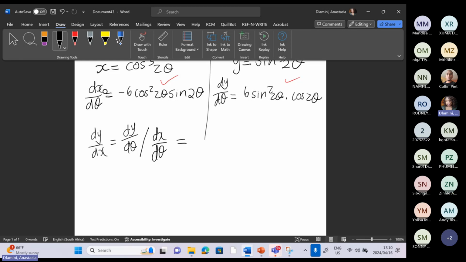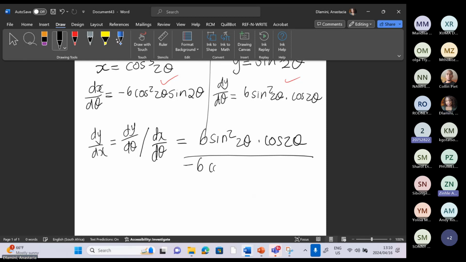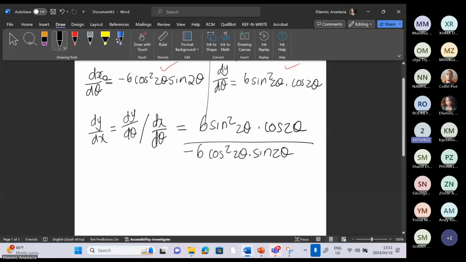So this is equal to 6 sine squared 2 theta times cos 2 theta over minus 6 cos squared 2 theta times sine 2 theta. Are we together there, guys? Yes, ma'am. I heard someone said they couldn't simplify from here. It's on the other part, where we have 1 over that long expression. Okay, no problem.